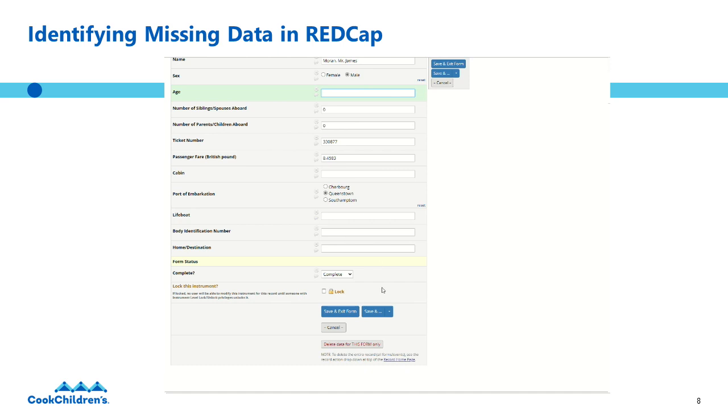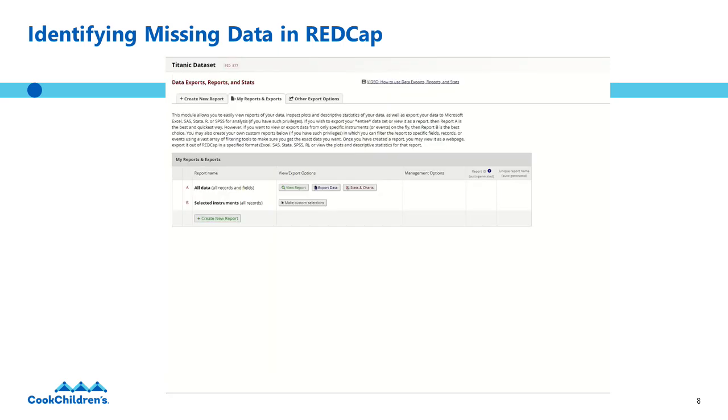Once I'm done populating that field, I'm going to save and exit form. I can close out of that window, and my report is going to be there so I can click on the next number. That's a fast and easy way to populate missing data if those data just were overlooked during data entry.